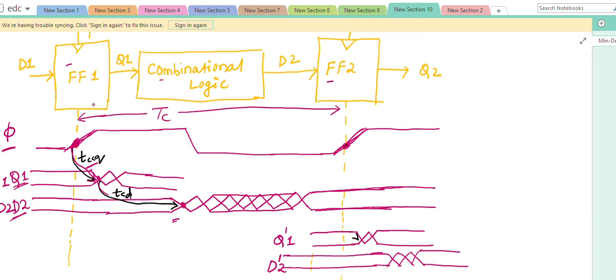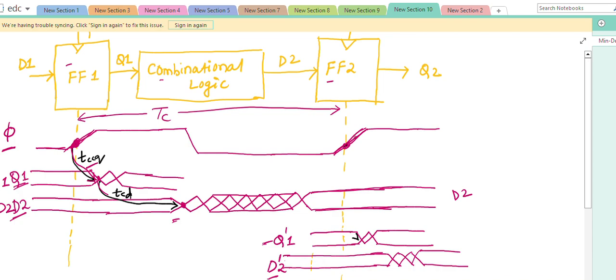Flip-flop 1 will take the new D1 and give an output Q1. Let us consider this second output as Q1 dash. That Q1 dash will be given to the combinational logic, which will give a new output D2, that is D2 dash.